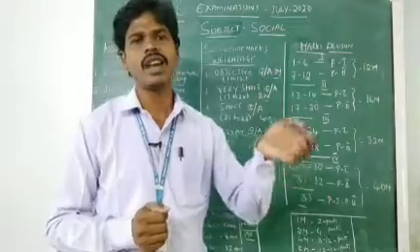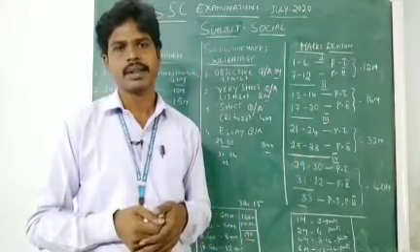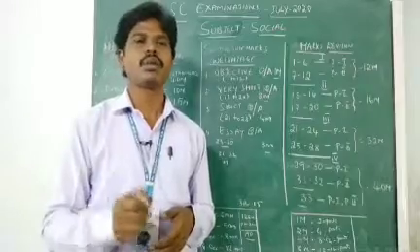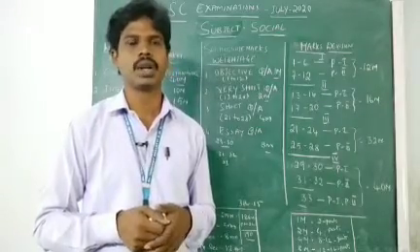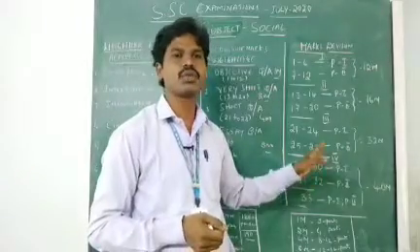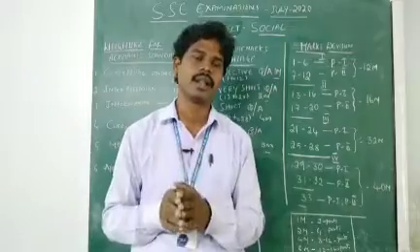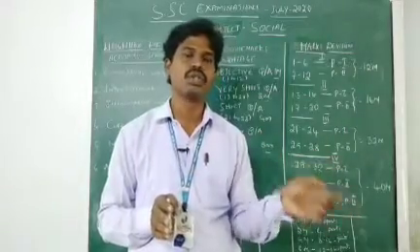So for 29 A or B, we have to answer any one of them. For 30 A or B, we have to answer any one of them. So 29 one question, 30 one question, together 2 questions that are going to come from paper 1, from lessons 1 to 12.